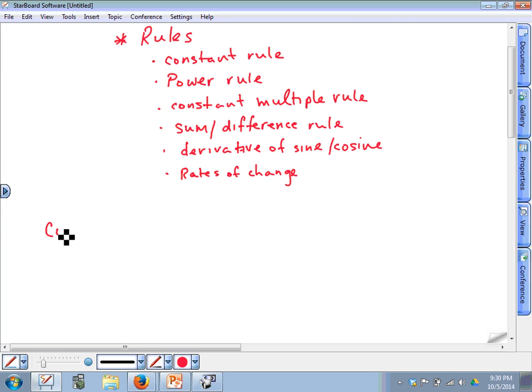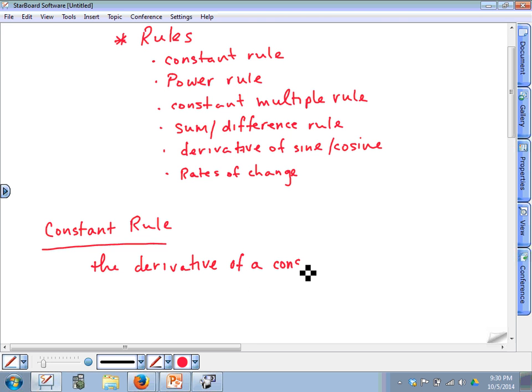So we'll start with the constant rule. Okay. This one says the derivative of a constant function is 0.